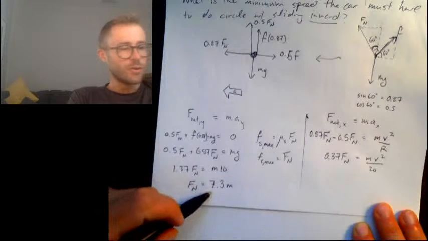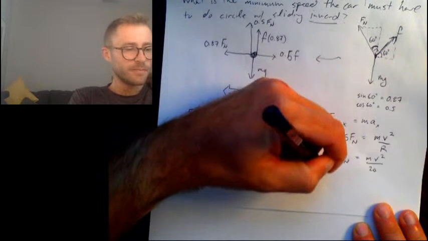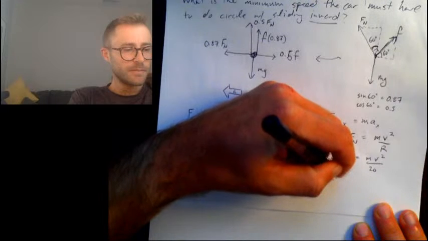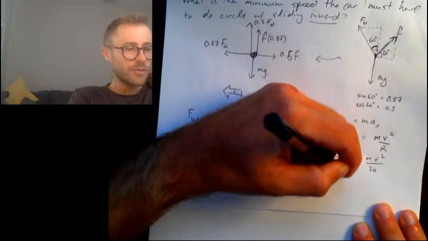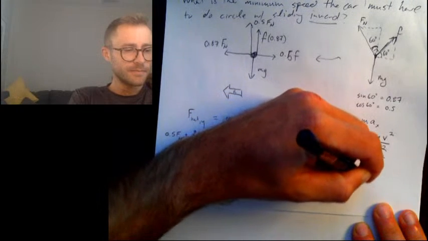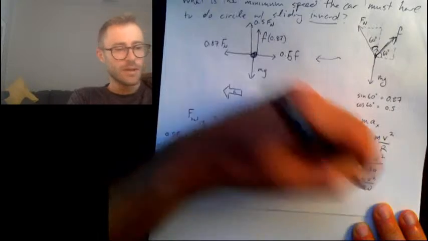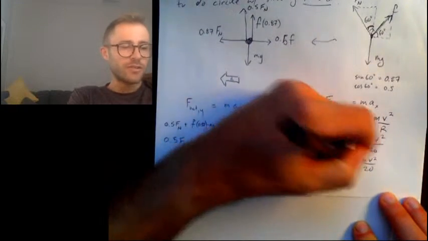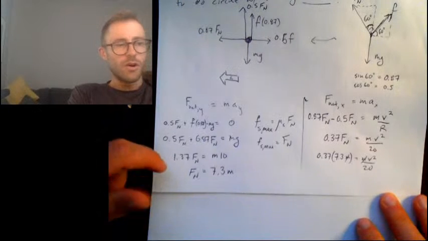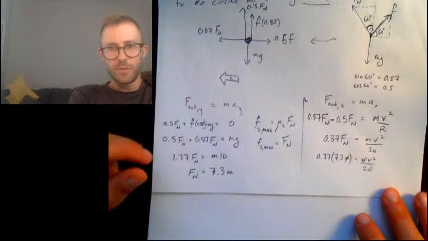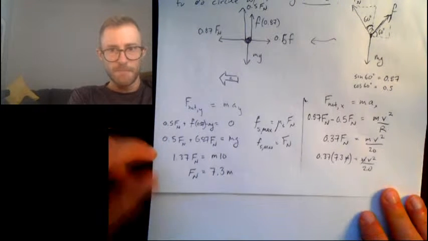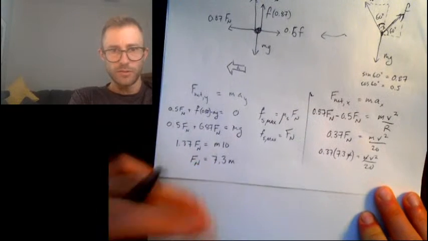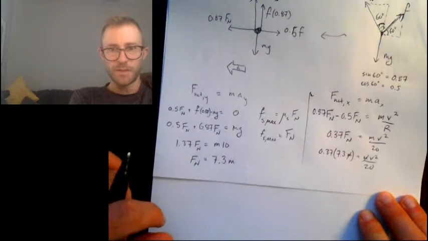And then the normal force is 7.3 times the mass. So I can see that the masses cancel out. All cars are going to have the same minimum speed, as long as they have the same coefficient of static friction.